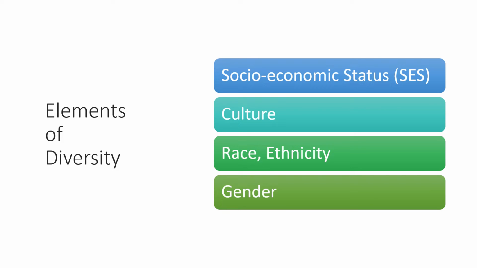In this lecture, we'll be covering not all of those elements, but a few of the elements of diversity. Specifically, we'll be discussing socioeconomic status, or social class, culture, race and ethnicity, and gender.